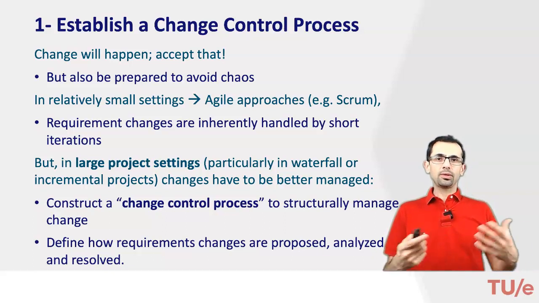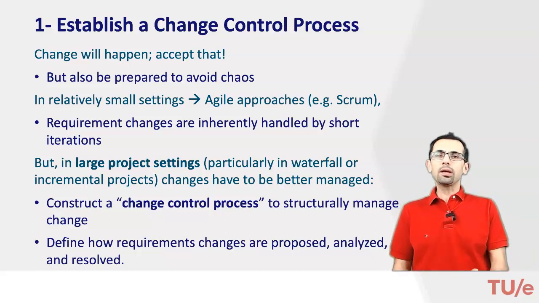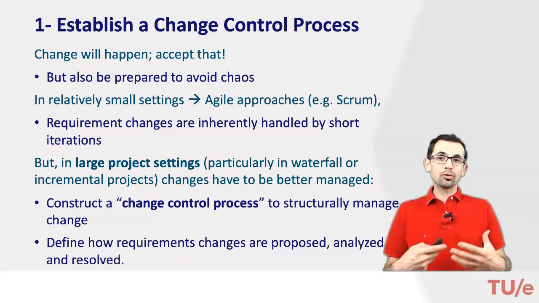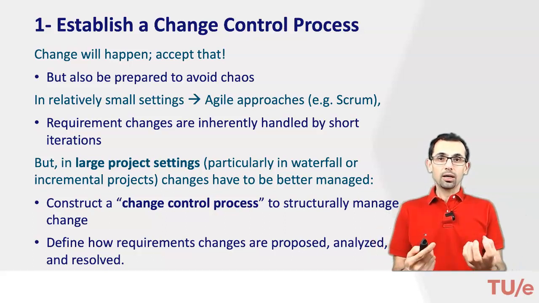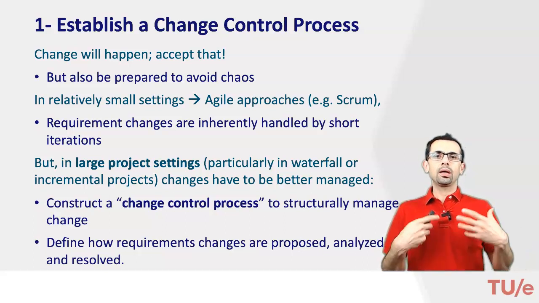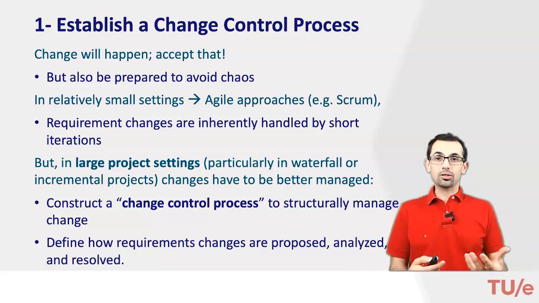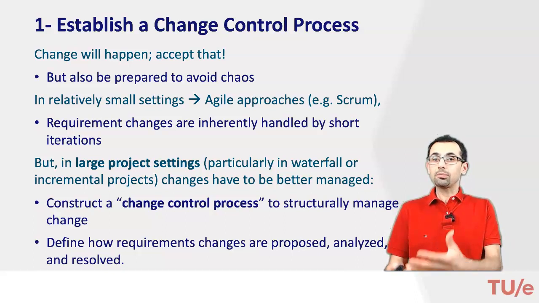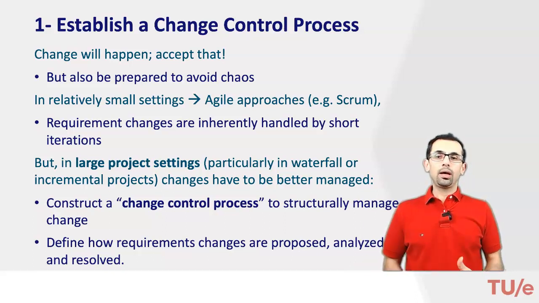In fact, at the very beginning we only had waterfall projects, and it turned out that controlling the requirements changes was so difficult that we came up with other types of life cycles to manage the change. Incremental is one of them, and finally agile, that's where we ended up.